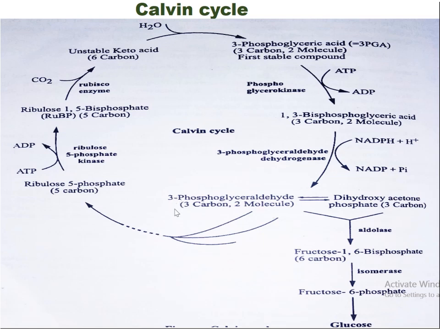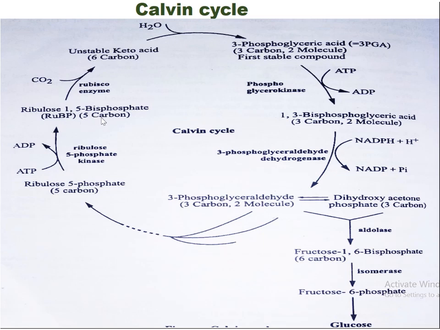Among the 12 molecules of 3-phosphoglyceraldehyde, only two are used in the synthesis of carbohydrate. The other 10 molecules of 3-phosphoglyceraldehyde are used in RuBP synthesis.